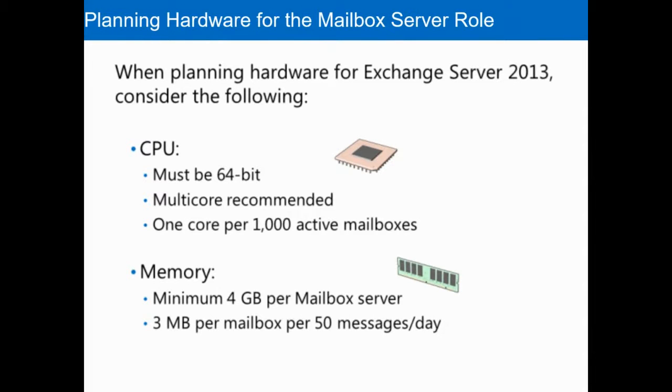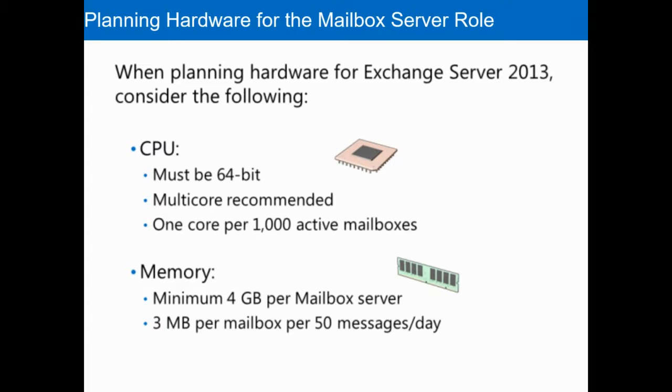So in order to plan hardware for the Mailbox server role, when planning hardware for Exchange Server 2013, consider the following. The CPU must be 64-bit, multi-core, and one core per 1000 active mailboxes.